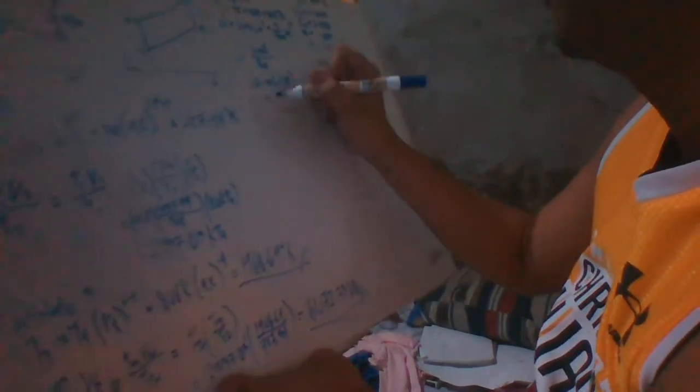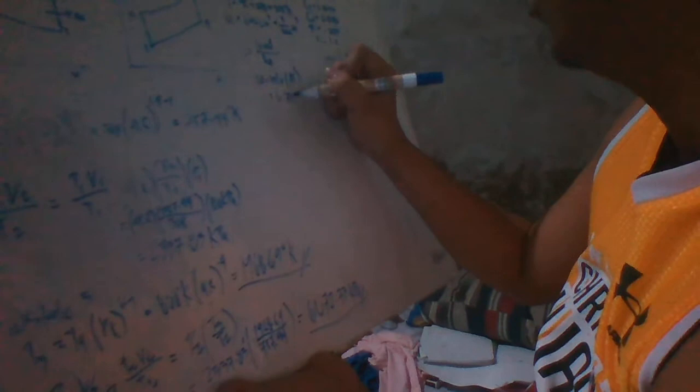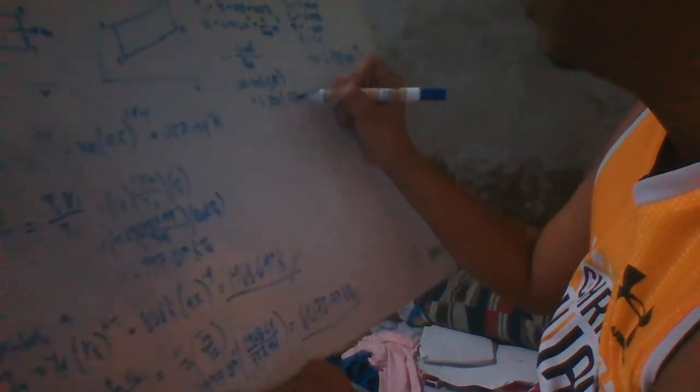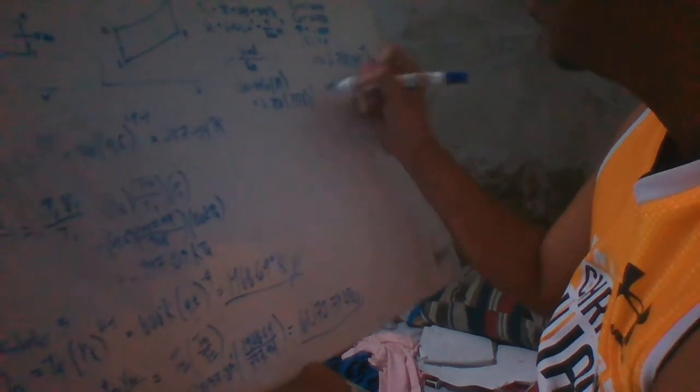So there, 6.788 times Cv, which is 0.7176, times the change in temperature.